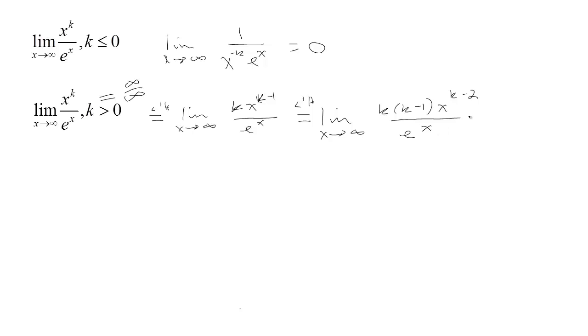You can see if I apply L'Hopital's rule enough times, since I'm subtracting 1 from the exponent each time, eventually this exponent will be less than 0, in which case we're at this case, and the limit will be 0. So if you have any power of x, e to the x is going to outgrow that. So you sometimes say exponential growth always outstrips polynomial growth in the end.